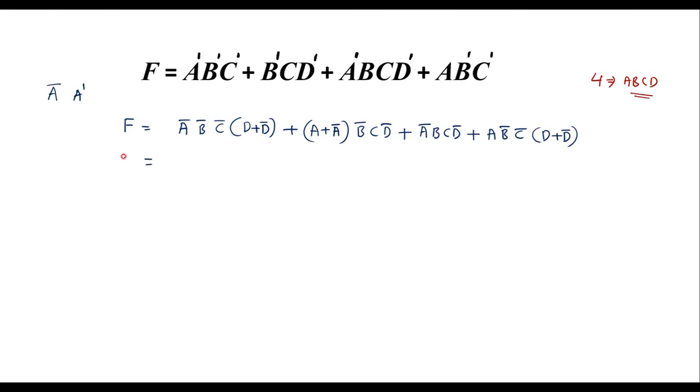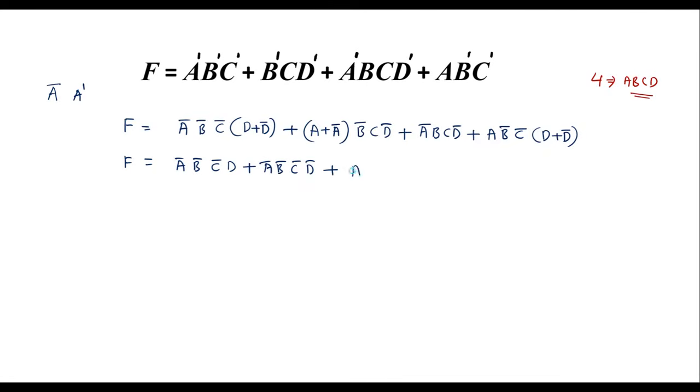Let me simplify this. I can write a bar, b bar, c bar, d plus a bar, b bar, c bar, d bar. Similarly, I will simplify this. I will multiply this term with these 3 and this one with these 3.